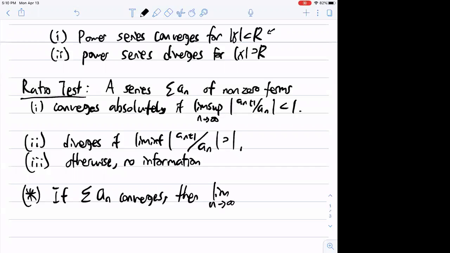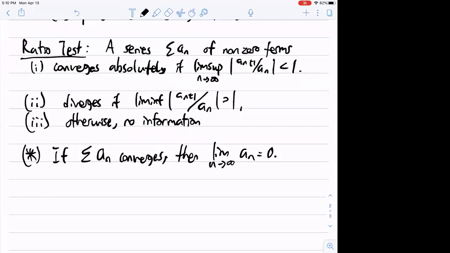Now, this statement is not very helpful, because we tend to want to know if it converges. Assuming it converges, it doesn't really tell us anything, but the contrapositive does.